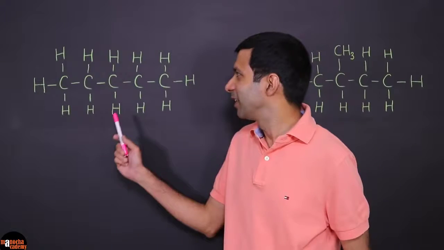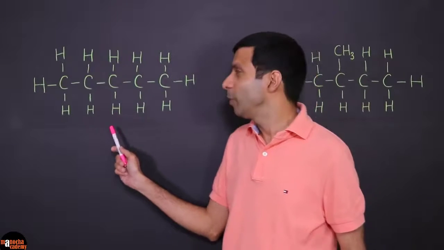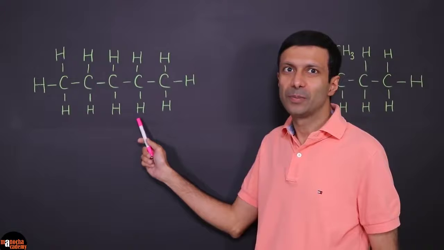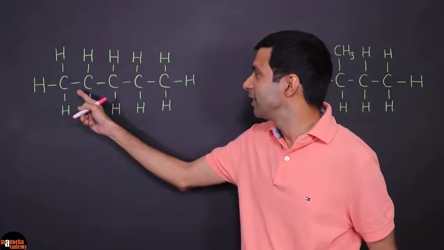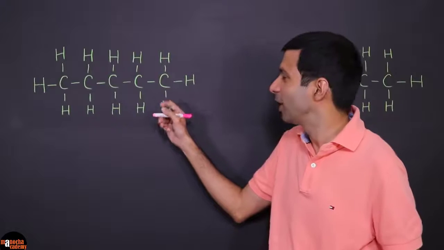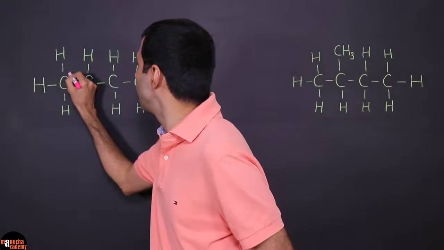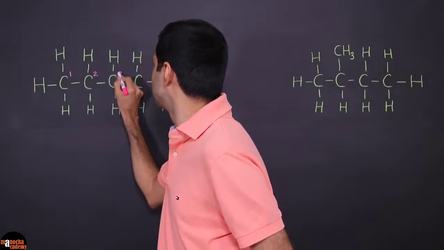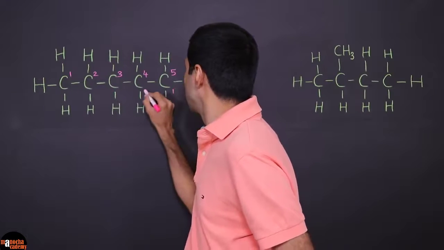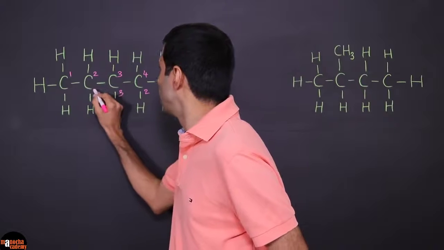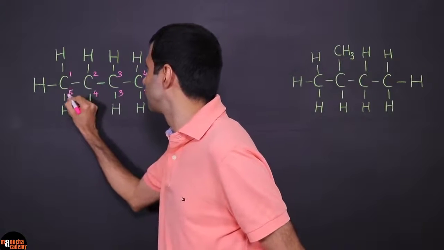Let's take a look at this example. What will be the IUPAC name of this compound? Again, let's find the longest continuous carbon chain, which is this one, and let's number it forward and backwards. So it's a 5 carbon chain, and we are going to do the forward and backward numbering.